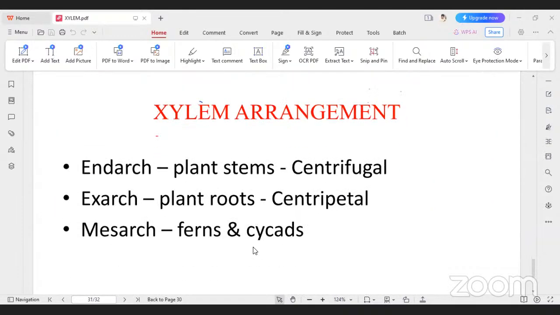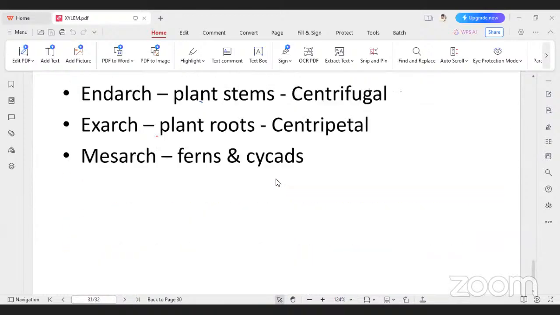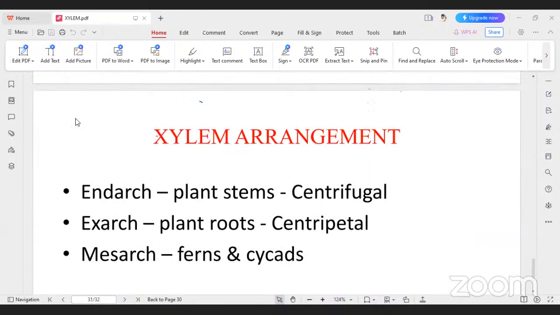Now endarch, exarch, mesarch. This is important in internal structure. Endarch, exarch, mesarch. Is there any diagram? Right, not given. Let me draw.